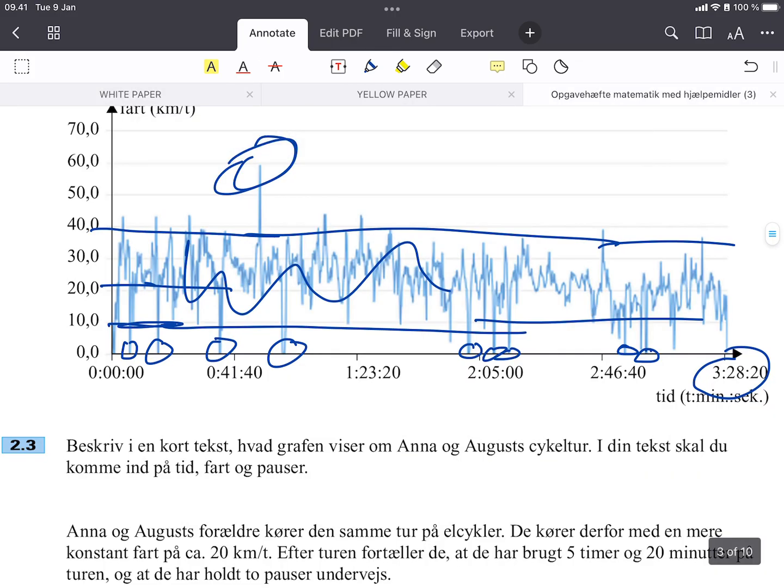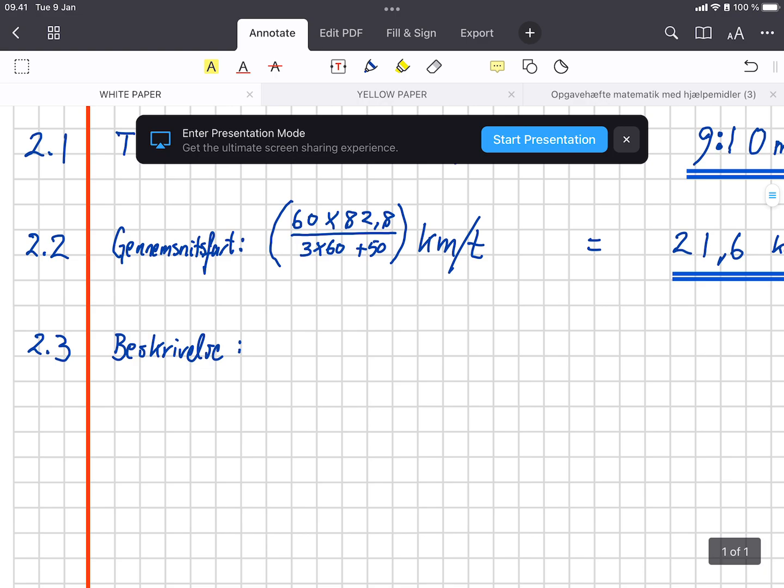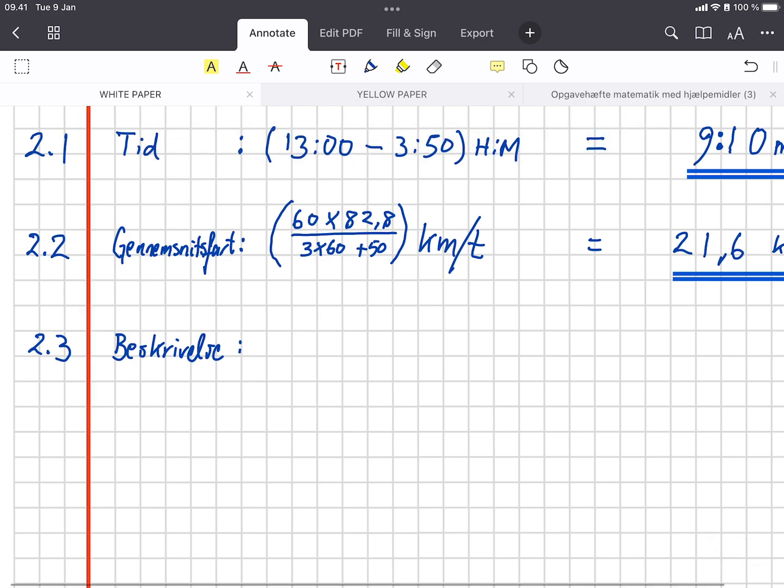So the trip took 3:28 and 20 seconds. Okay, so I'm going to write under here.